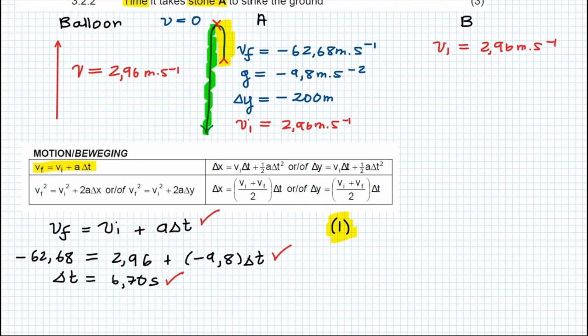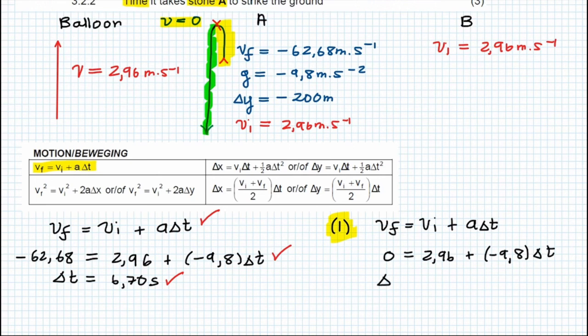We say V final equals V initial plus a change in time. For this motion, we know the final velocity is the velocity at the maximum height, that is going to be 0, equal to the initial velocity of 2,96 plus the acceleration, which is negative 9,8 because we take direction into consideration.